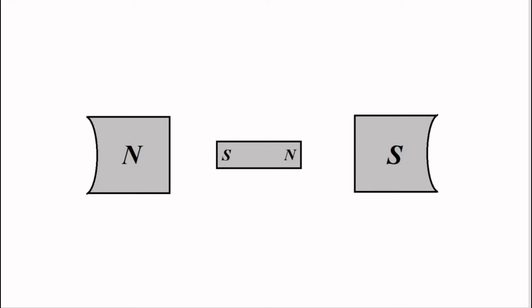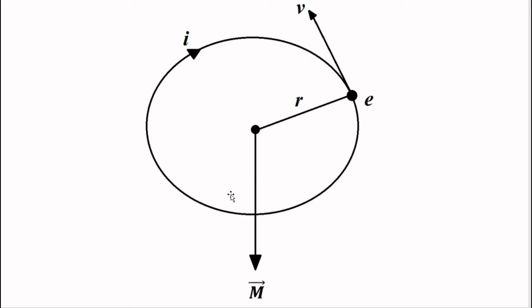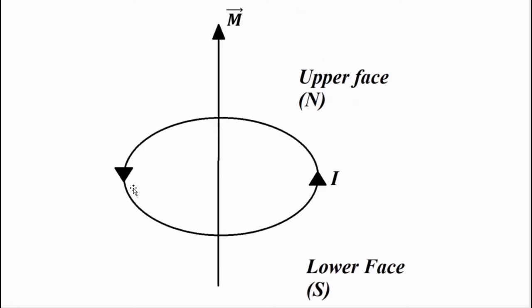Okay, now what is the cause of paramagnetism? In case of diamagnetism, we know that whatever magnetic property a material or substance has is because of the magnetic dipole moment, because of the orbital motion of the electrons, which constitutes an orbital current, and that current loop behaves as a magnetic dipole.